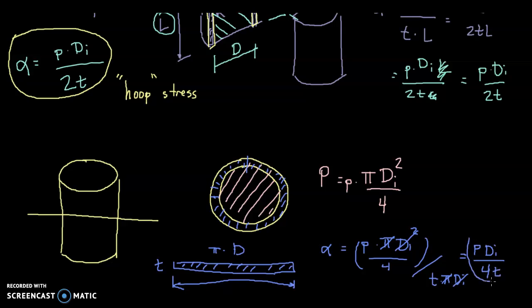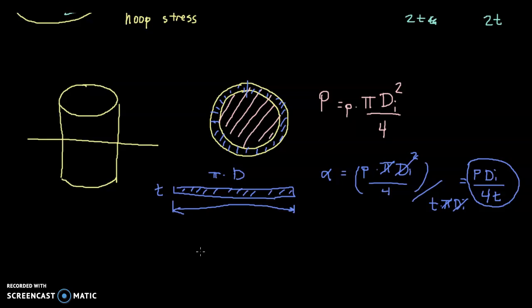So this is the derived formula for the stress in the other direction. This stress we call longitudinal stress. So that's our longitudinal stress.